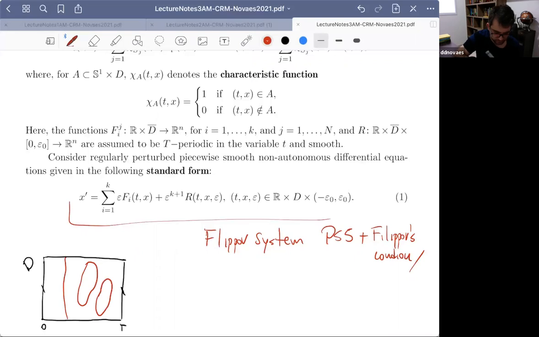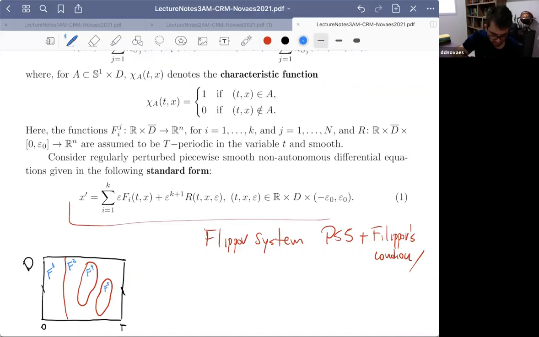In each piece I consider a distinct differential equation, F1 for instance, F2, F4, and F5.